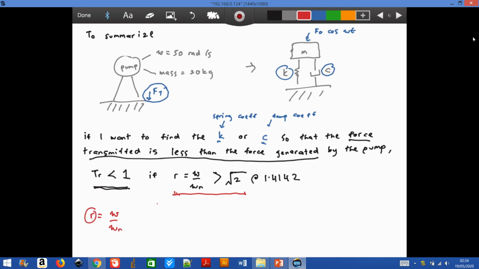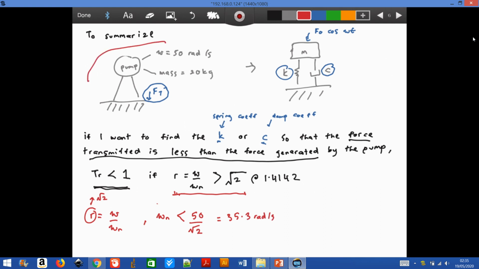Since we want this to be larger than square root of 2, the omega n must be less than 50 over square root of 2, which is 35.3 radian per second. Okay, so this is for this case.